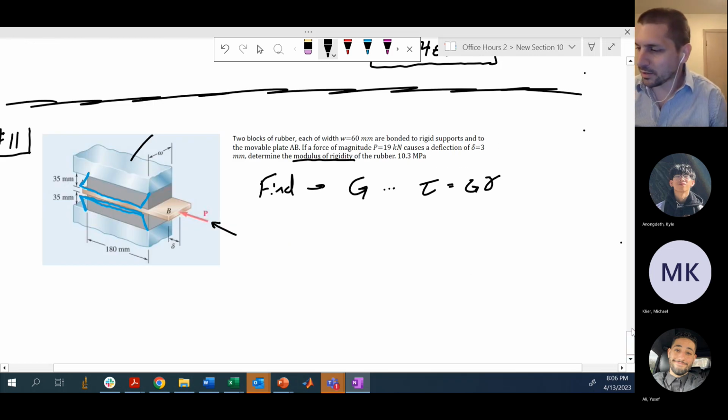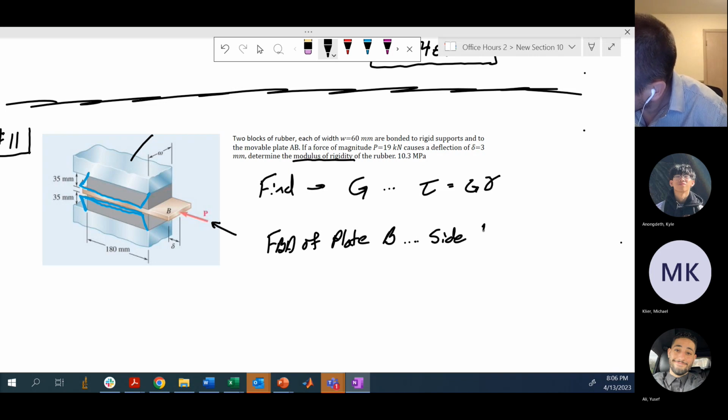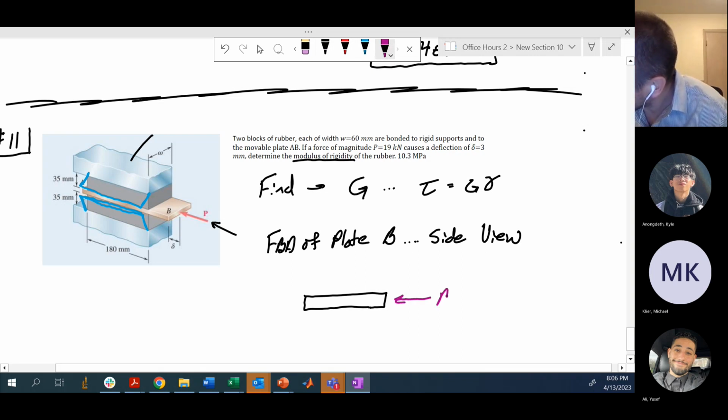Quickly, I'll look at the free body diagram of the plate from the side view. FBD of plate B, side view. I've got this plate B, and I'm pushing on it with this force P over here.